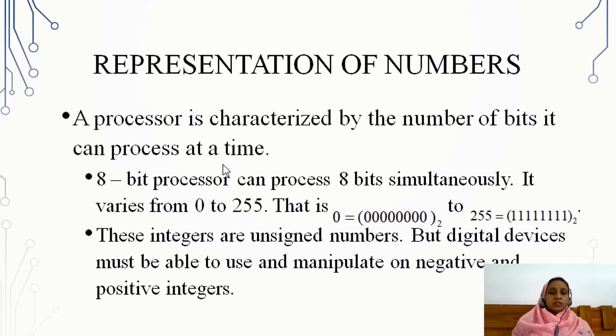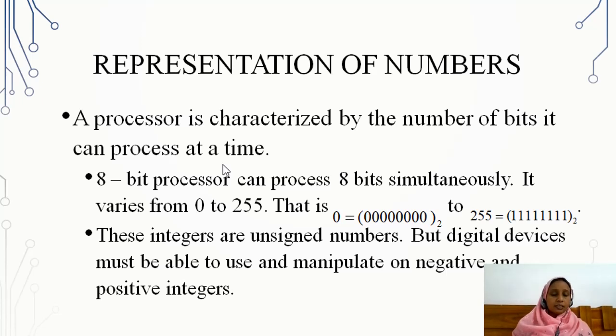Here, a processor is characterized by the number of bits it can process at a time. We already learned in our previous lecture that processors are characterized by the number of bits they can process at a time.